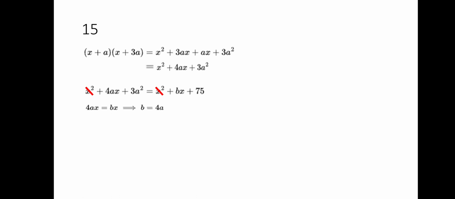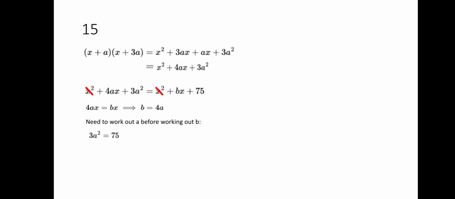Now we need to work out what the value of b is, and what we're given is a relative value of b. So we need to work out what the value of a is in order to work out the value of b. We can do that because in the same way that we likened 4ax to bx, we can also liken 3a squared to 75.